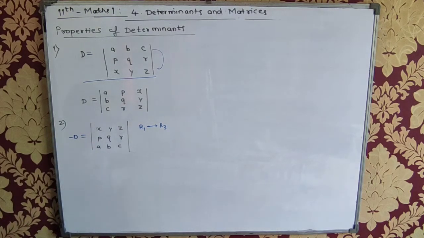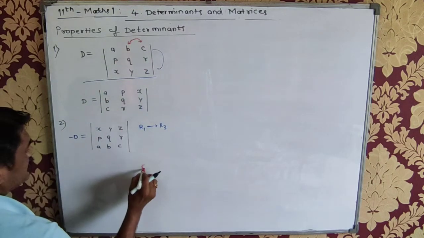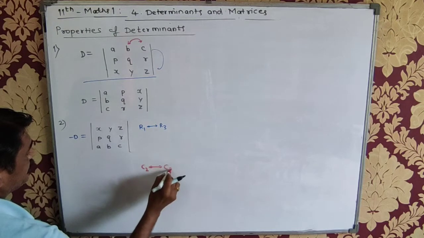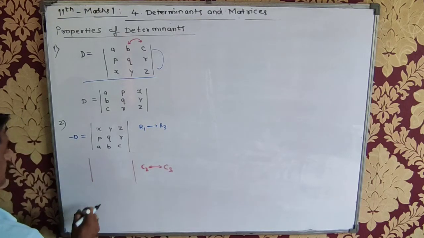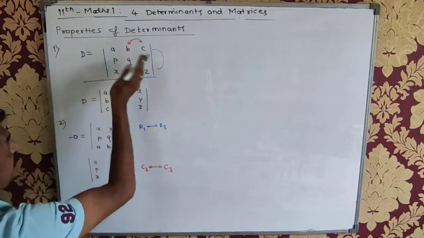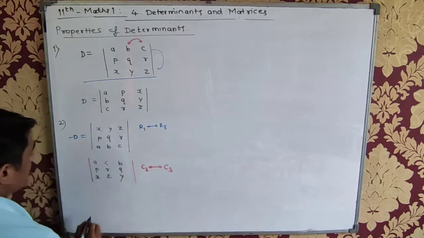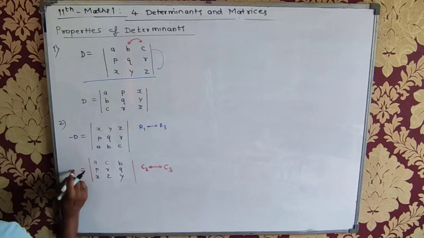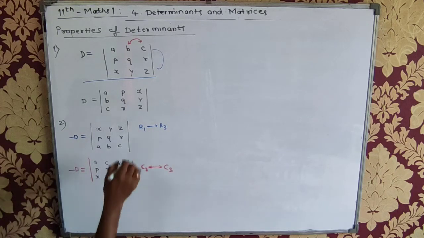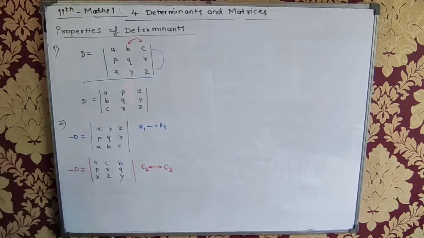If I interchange the second and third column, C2 with C3, what will it become? A, P, X, then C, R, Z, and D, Q, Y. The value of determinant will again be minus D. So if I interchange any two rows or any two columns, the value of determinant will change only in the sign.